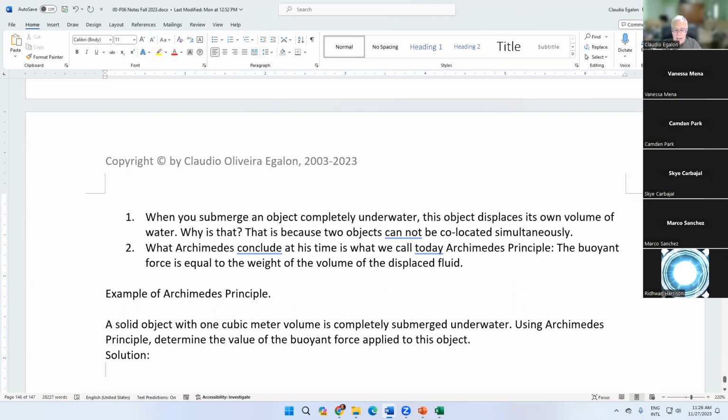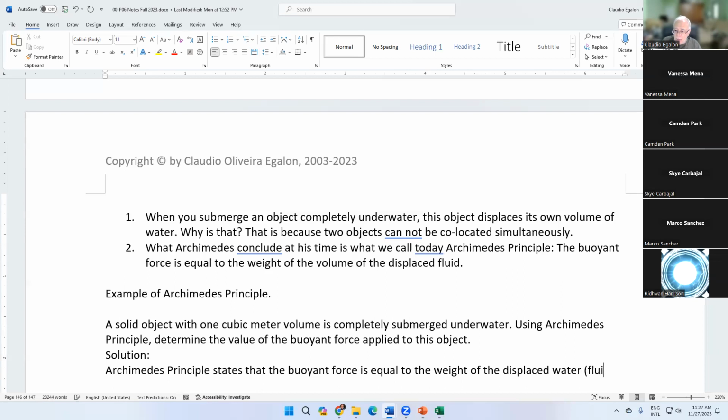Archimedes' principle states that the buoyant force is equal to the weight of the displaced fluid. Displaced fluid, well, which is the fluid? Water, right? Displaced water.